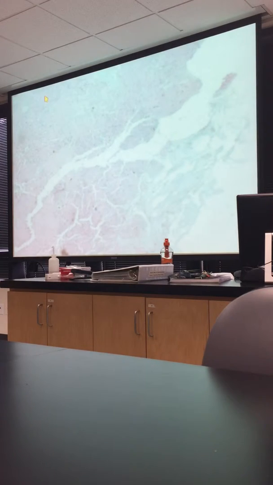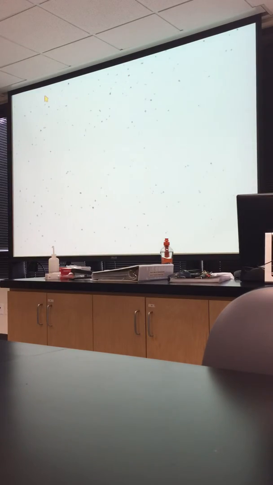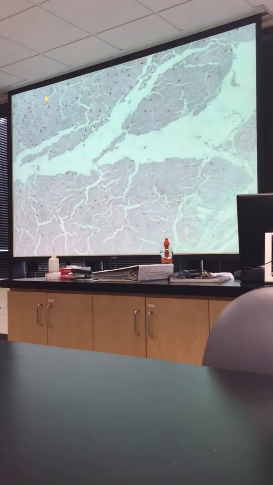Okay, here's anthrax at the first magnification. Again, at the next magnification. Anthrax. It's actually Bacillus anthracis.